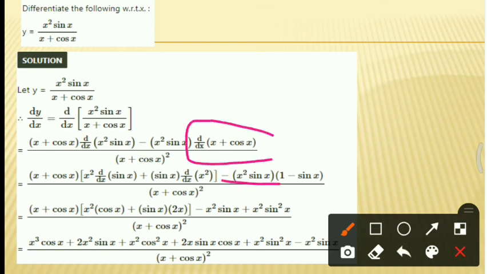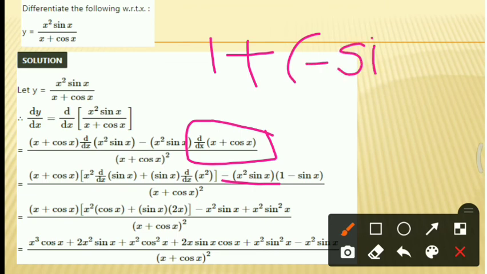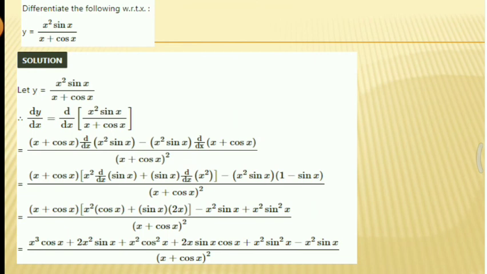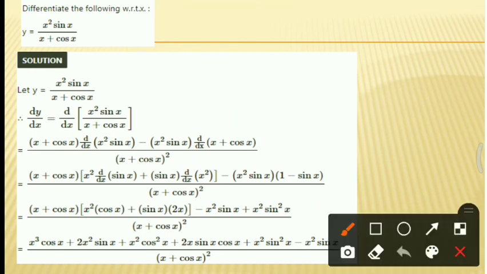Now here d by dx of x plus cos x, here is just addition of two functions, so the derivative of x is 1 and the derivative of cos x is minus sin x, so the derivative of x plus cos x is, by simplification, 1 minus sin x. Understand? Here is the u into v rule, and for second we will use here the derivative of summation, is equal to x plus cos x into x square as it is.